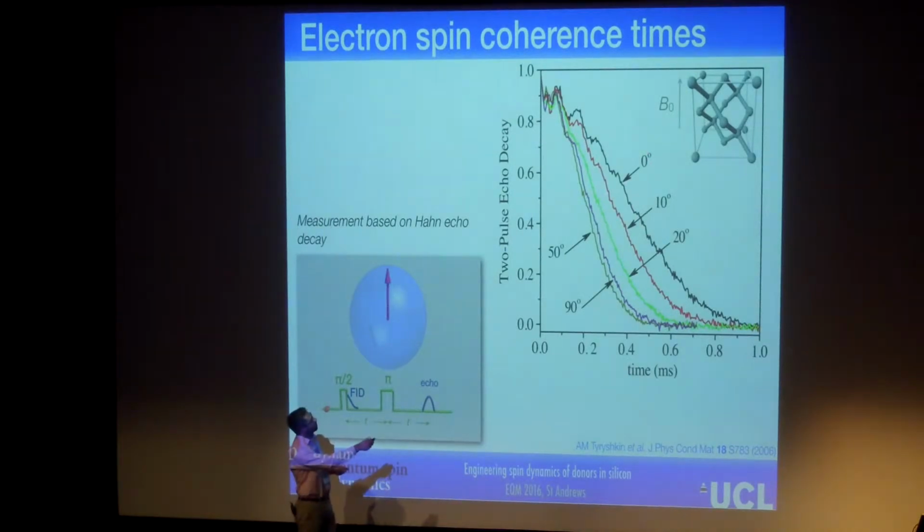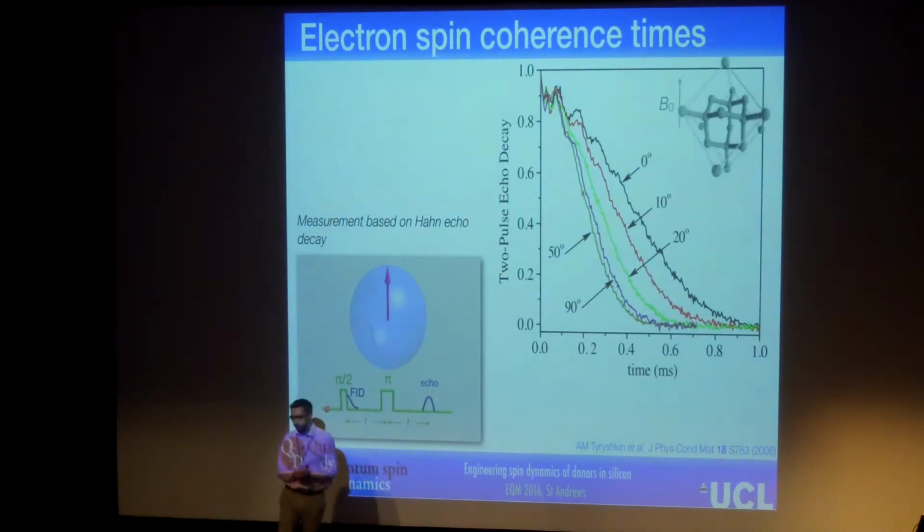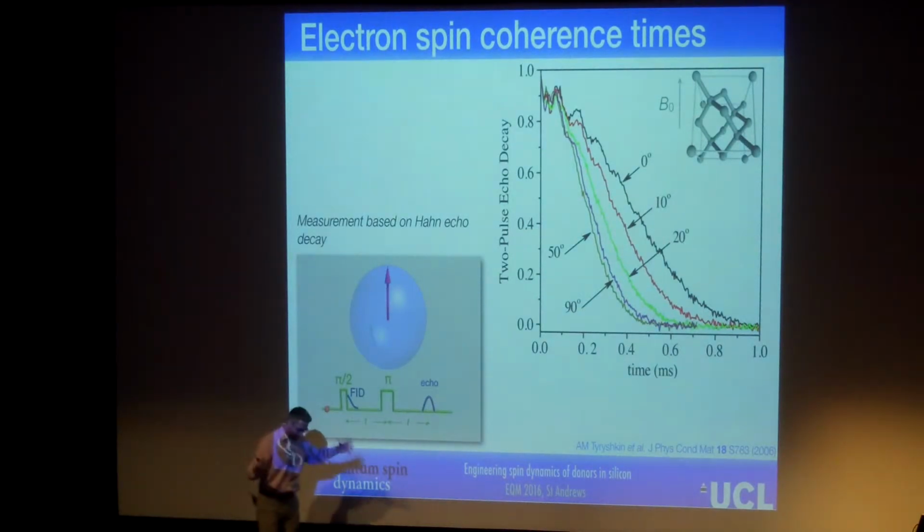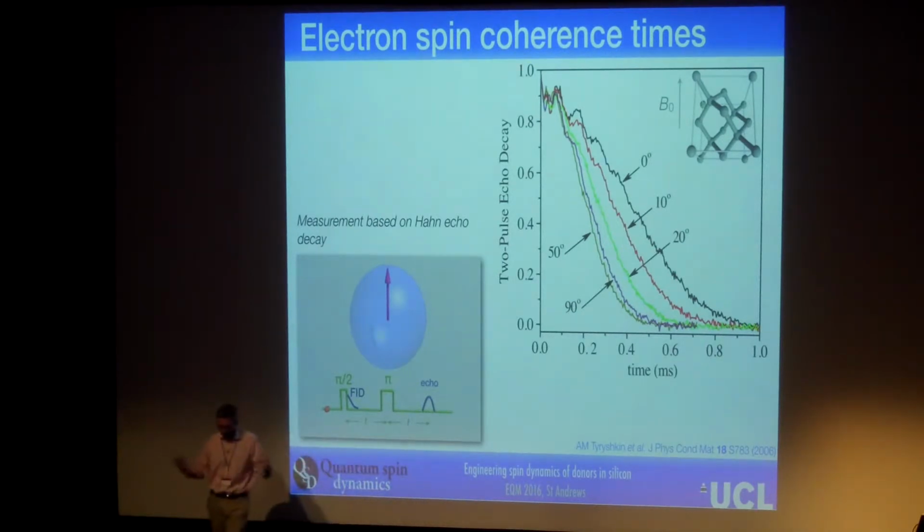But also, these different angles marked here represent the orientation of the silicon crystal with respect to the applied magnetic field. So it's telling us that, although on the surface this donor is isotropic, it's got a spherical wave function and isotropic hyperfine coupling, there's something to do with the lattice crystal structure that's affecting decoherence.